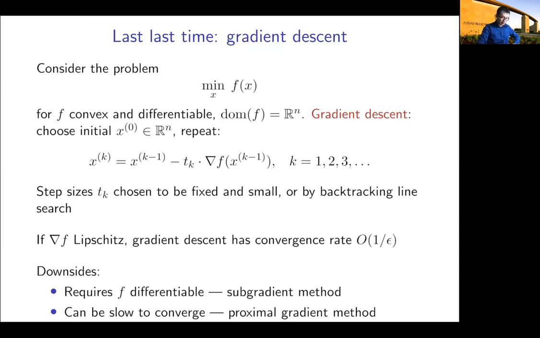The drawback of gradient descent, on the other hand, is that we require the function f to be minimized to be differentiable. That motivates today's lecture, when we talk about the subgradient methods.